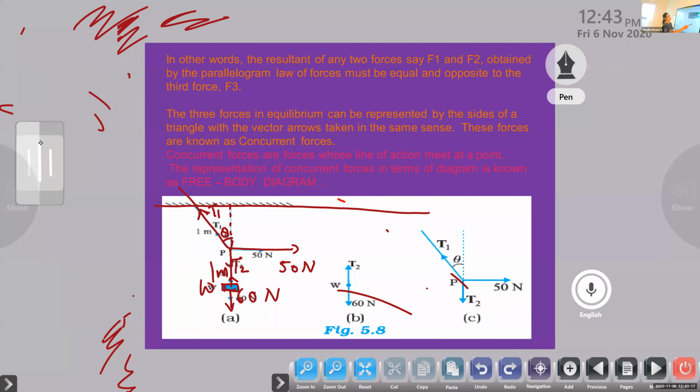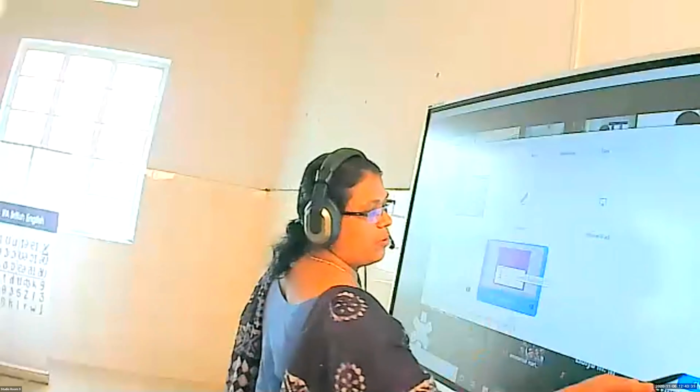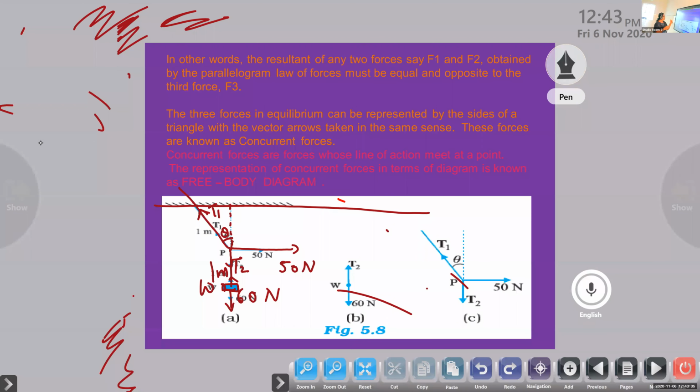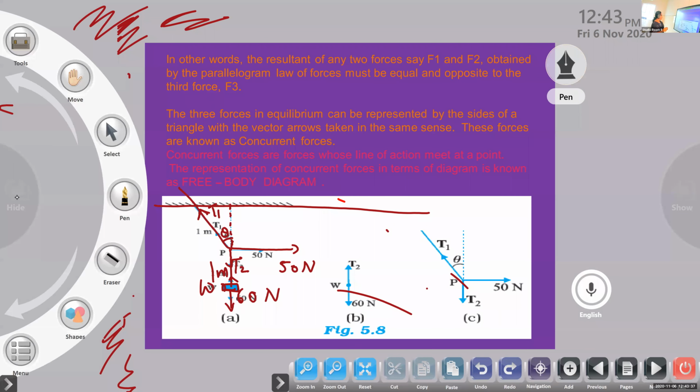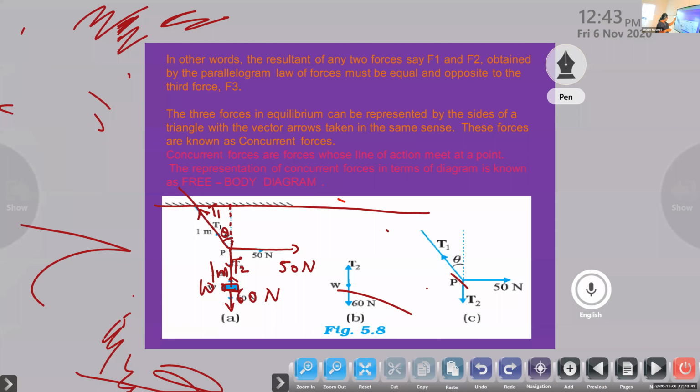I'm writing, ma'am. I am drawing that image from the board. Okay, I'm copying down. But I am unable to draw any other colors. What happened? I don't know. Why is it happening? Any color I'm getting.